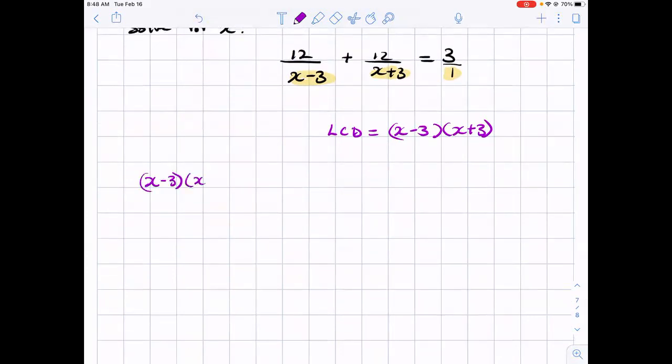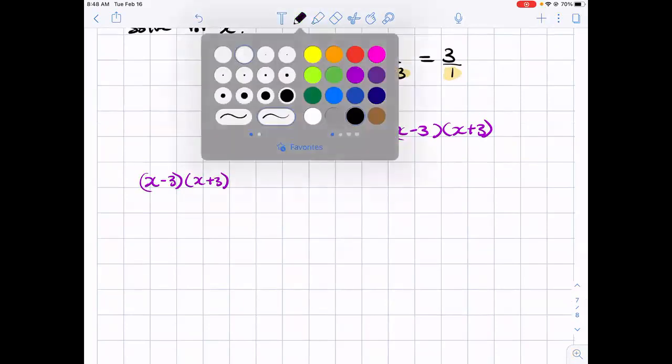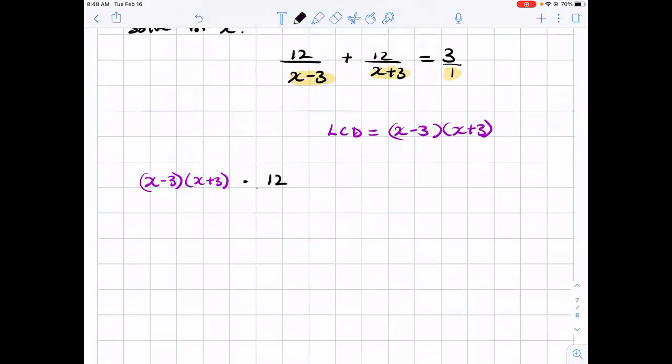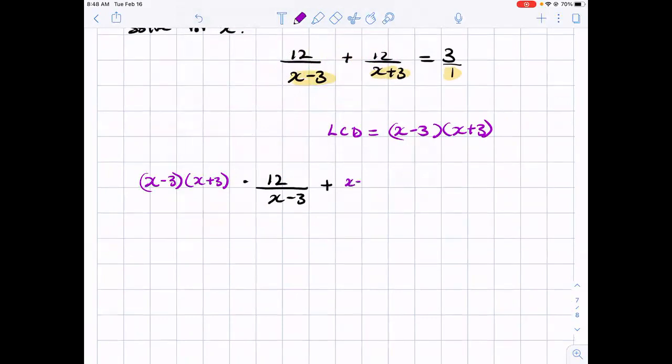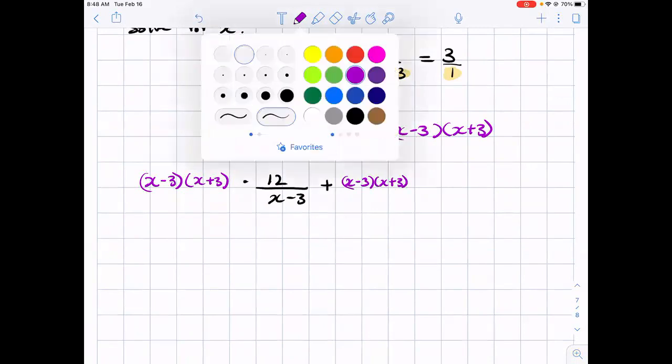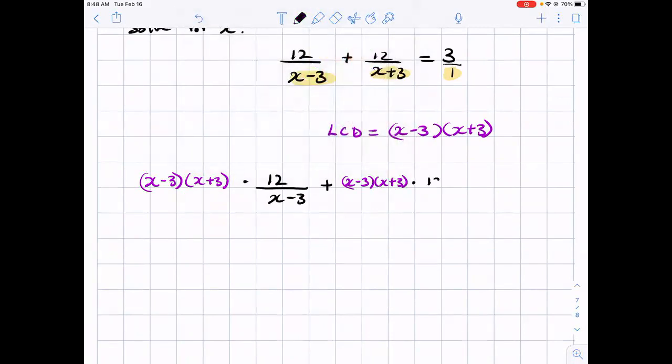So x minus 3 times x plus 3 times 12 over x minus 3, plus x minus 3 times x plus 3 times 12 over x plus 3. And I multiply the 3 also by the lowest common denominator, which is x minus 3 times x plus 3.